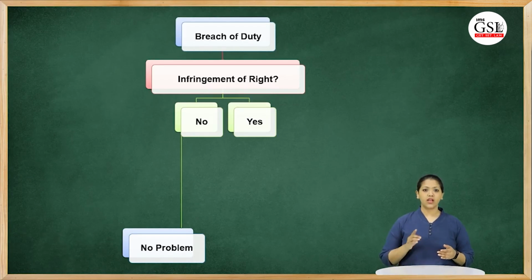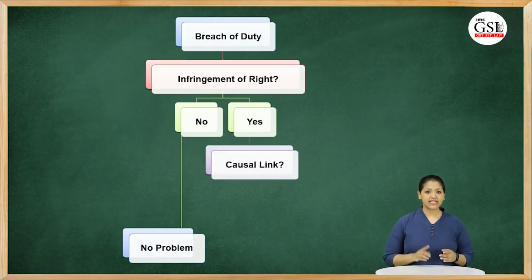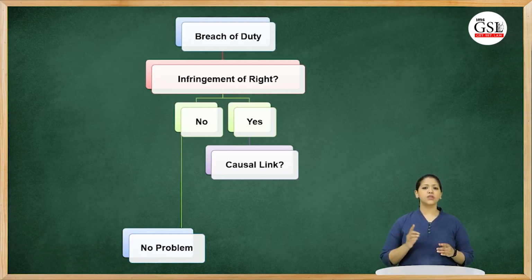But let's not jump the gun and blame me for the mishap. One more thing needs to be checked before I can be blamed for the child's injury. That is the causal link. The breach of duty must be the proximate reason as to why there is a legal injury. Just because I have breached my duty and someone has a legal injury doesn't make it my problem.